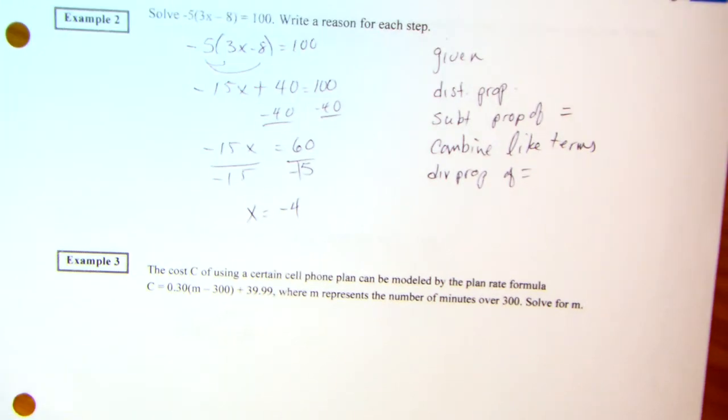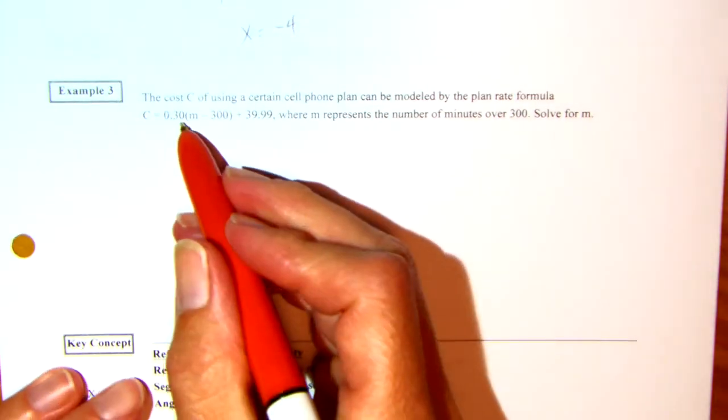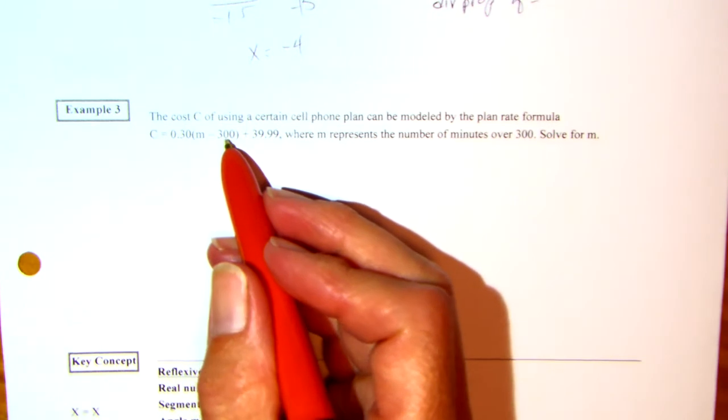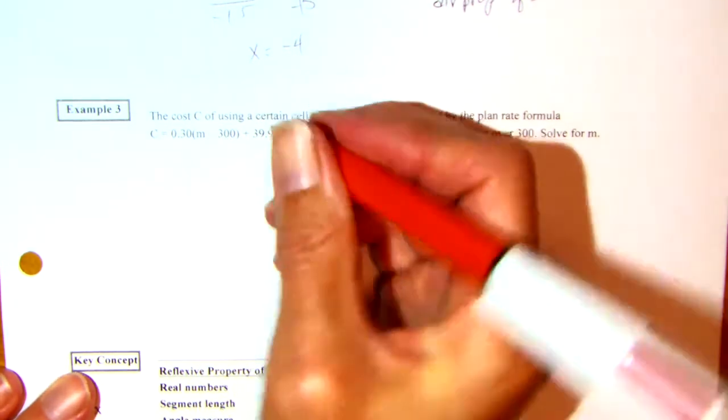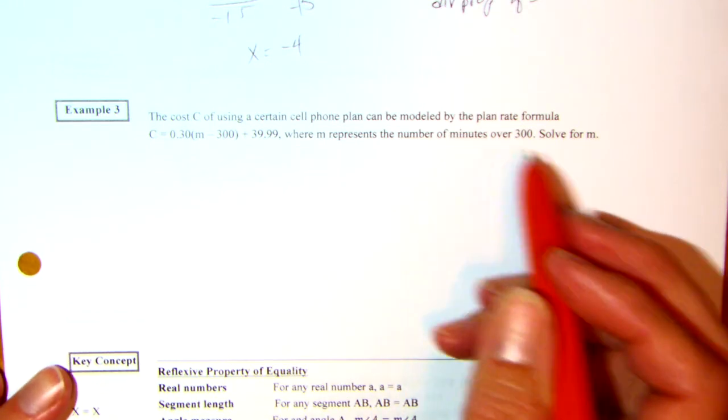Ooh, story problem. Shouldn't be that bad. The cost C of using a certain cell phone plan can be modeled by the plan rate formula C equals 0.3 times the quantity M minus 300, plus 39.99, where M represents the number of minutes over 300.